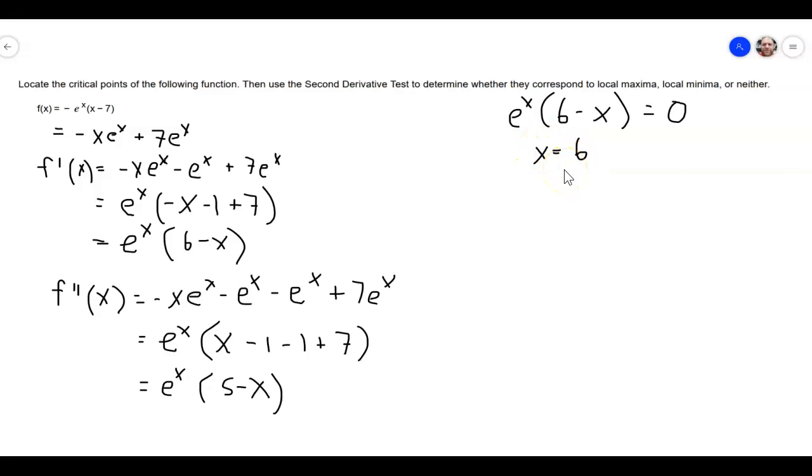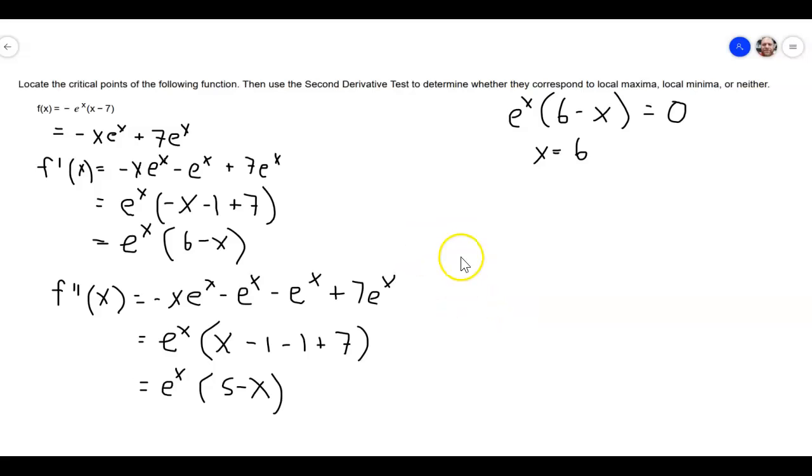Now, what is that going to be? Well, there's a couple of different ways that we can find out. We can either see whether it's increasing or decreasing when it gets there and when it's leaving there, which is usually what I like to do. But this is asking us to use the second derivative and check the concavity. So let's do that.